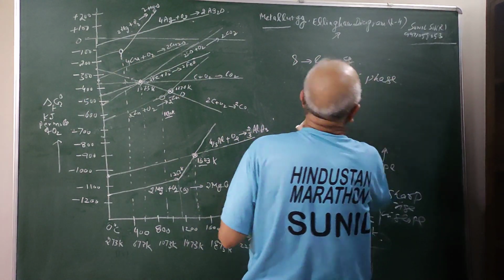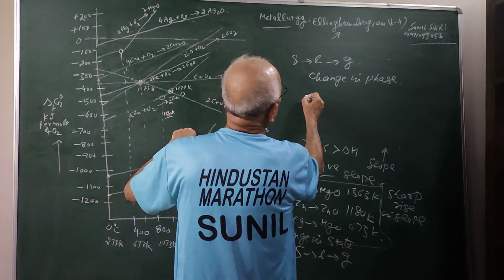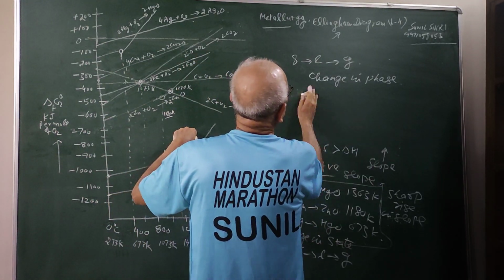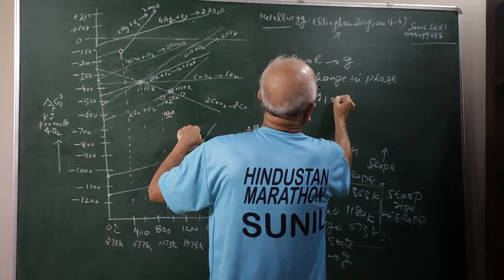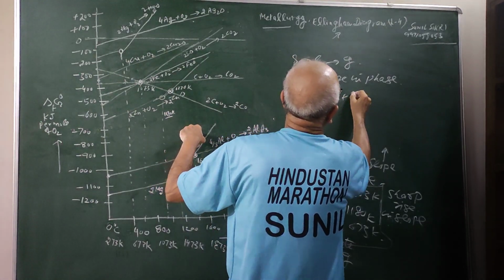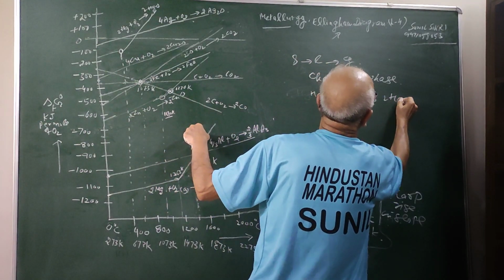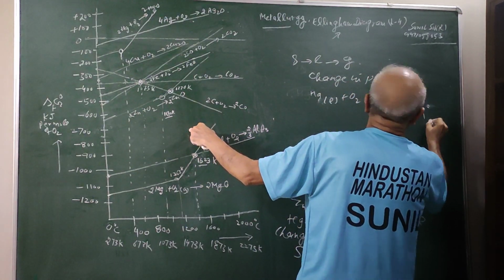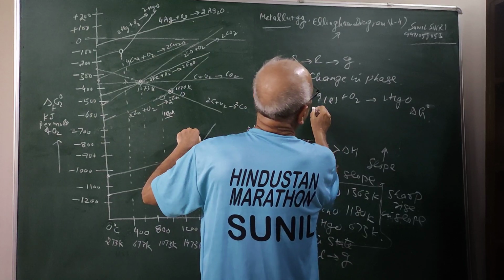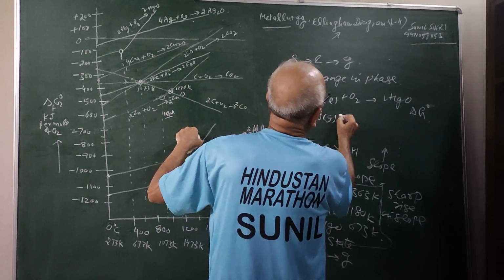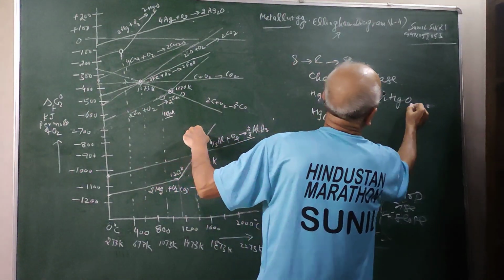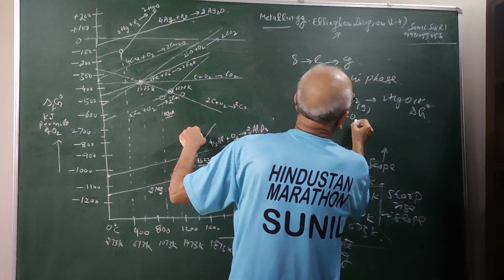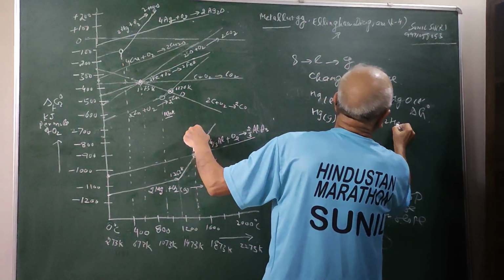Here, first we have mercury liquid plus oxygen forming mercuric oxide, and that is my delta G0 value. But now if it becomes mercury gas, then this is gas, and this was liquid.